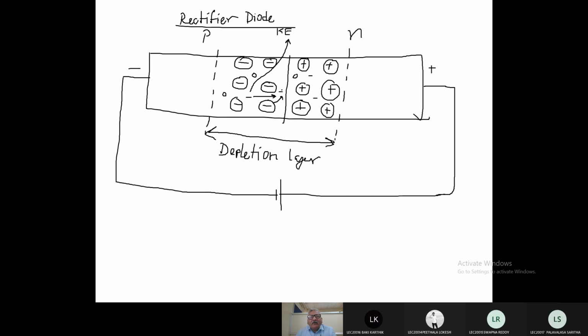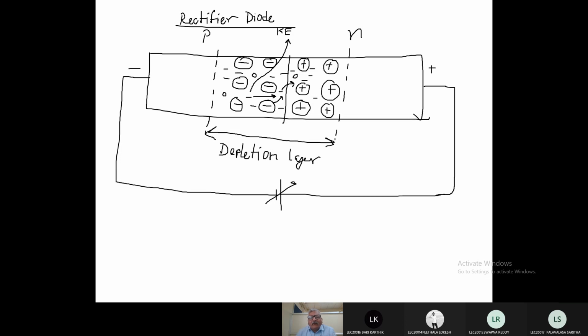Now this electron will again start moving, gain kinetic energy, then strike some other atom, and from there again some electron will come out. This is a cumulative process, meaning many electrons collide with these atoms and generate free electrons in this depletion region. So now a large number of free electrons will be there.